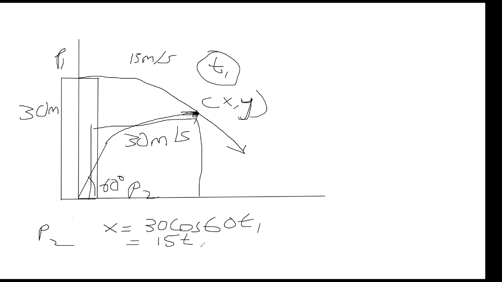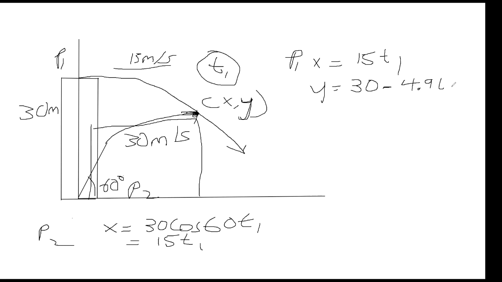So every second, this one's going 15 across horizontally, which it has to, right? Because this one's also going 15 horizontally. So at any time, these two are both at the same spot horizontally. Because for P1, x also equals 15 T1, and y equals 30 minus 4.9 T1 squared.